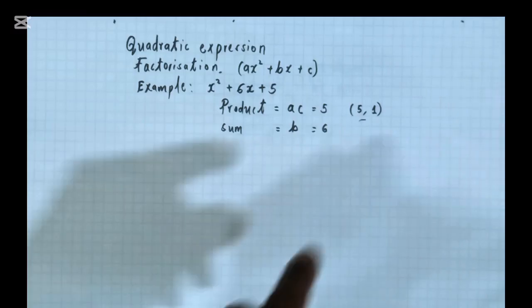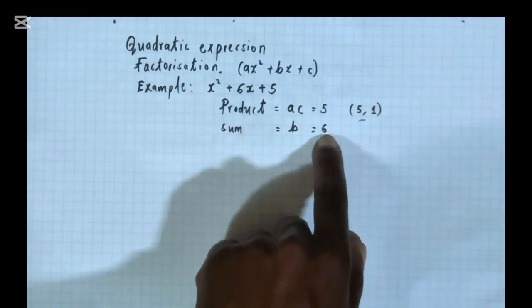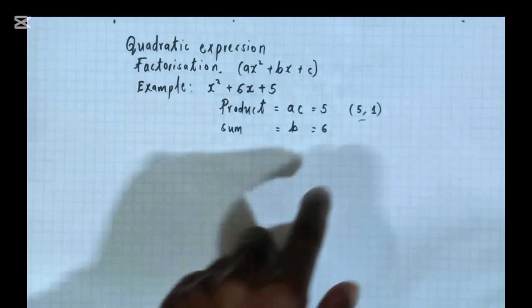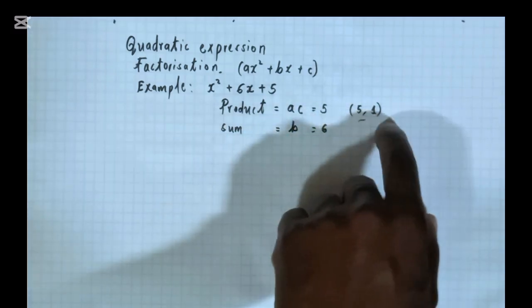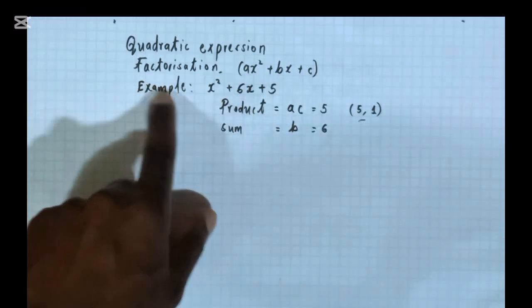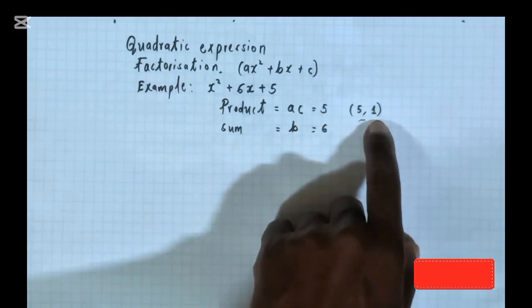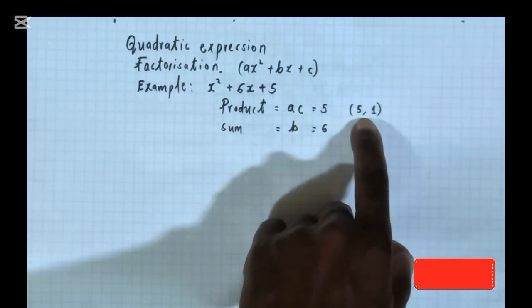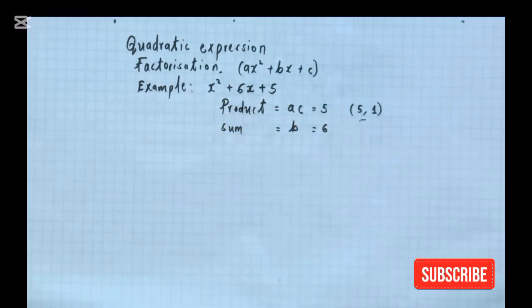When you add them, it gives you 6. So we already have the numbers that we are looking for. To factorize this expression, we are going to use 5 and 1. And how did we find 5 and 1? By looking at the product of the expression and its sum.